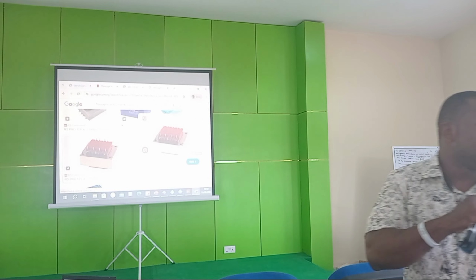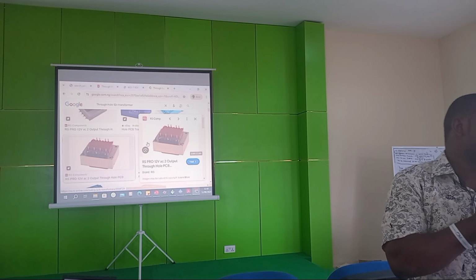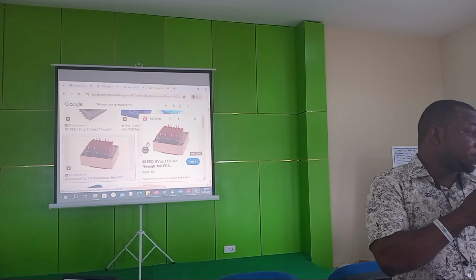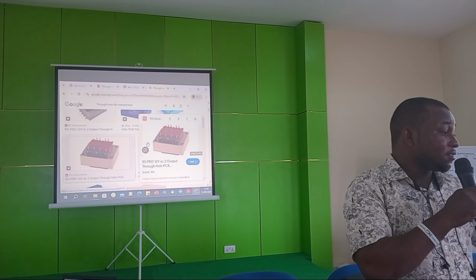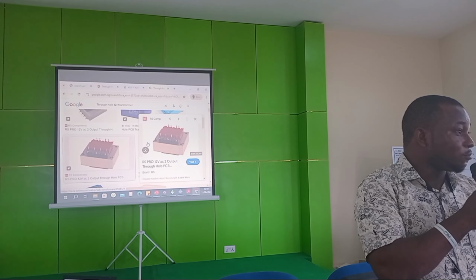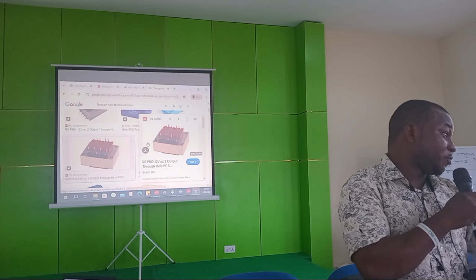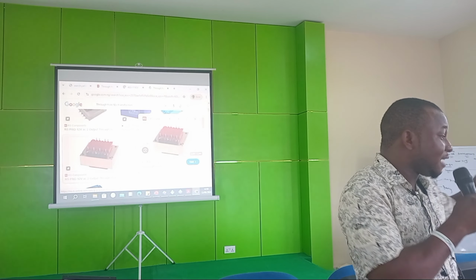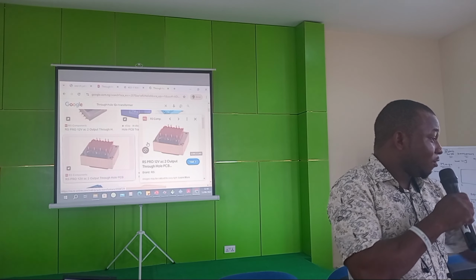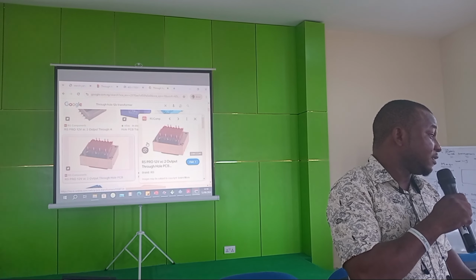Then another thing, all these control panels. Assuming you want to do the connection diagram of a control panel, you can't easily find graphical symbols for most of the components in the control panel.